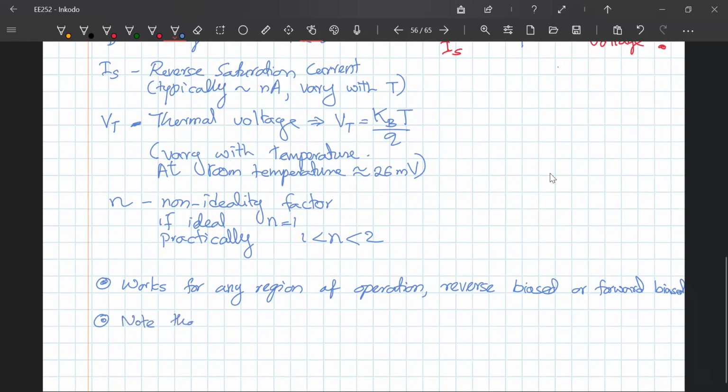Note that current does not increase when voltage is increased when reverse biased.